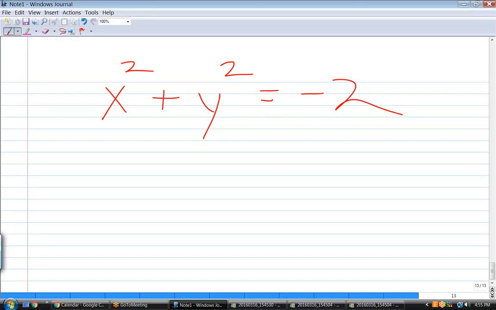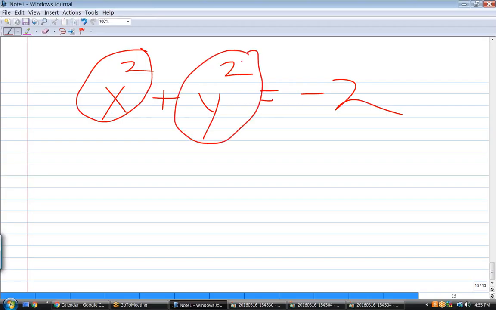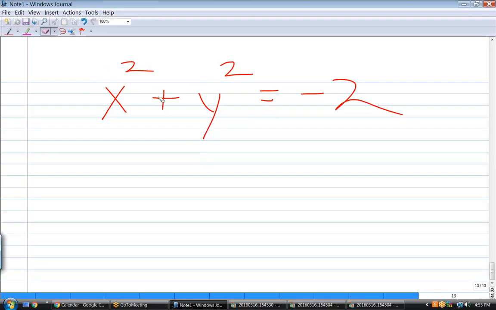No, that is what is called a degenerative conic. In other words, this can't exist, right? That's always a positive number, whether x is negative or positive, that what I've circled is a positive number. I'm adding another positive number to it. There's no way I can get a negative number. You cannot add 2 positive numbers together and get a negative number. So this would have imaginary solutions only.